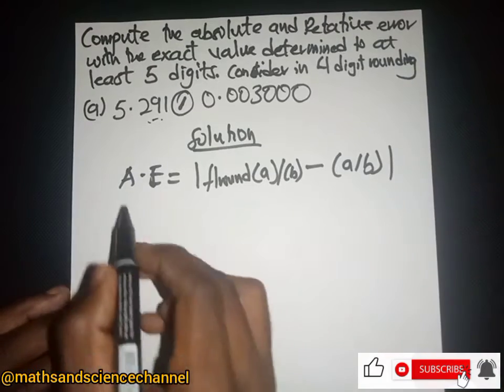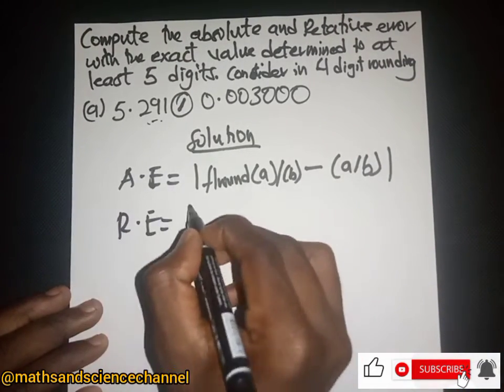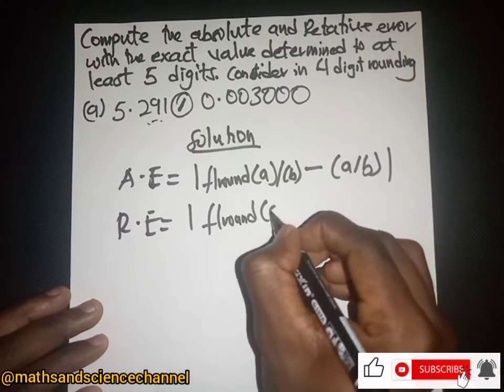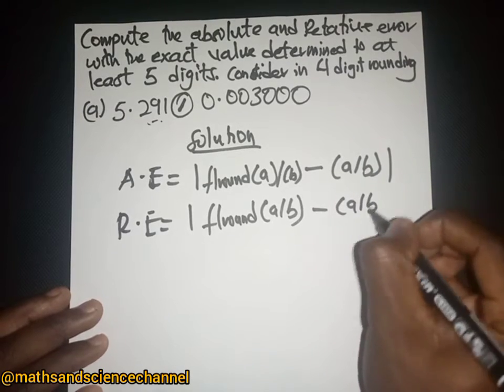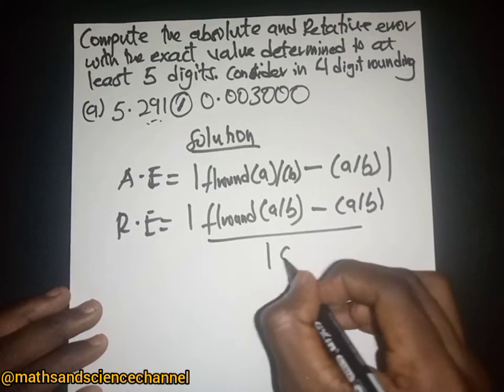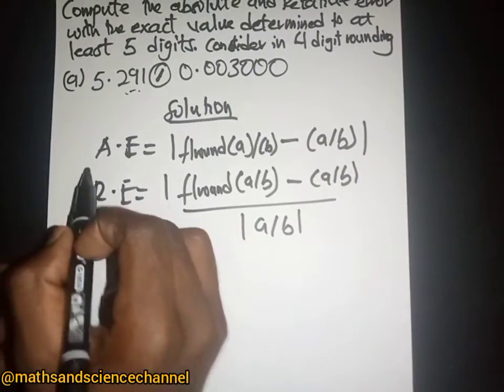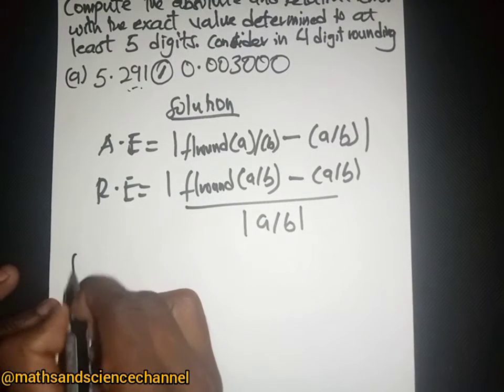That will be the absolute error. The relative error is going to be the float round of a divided by b, minus a divided by b, being divided by the absolute of a divided by b.